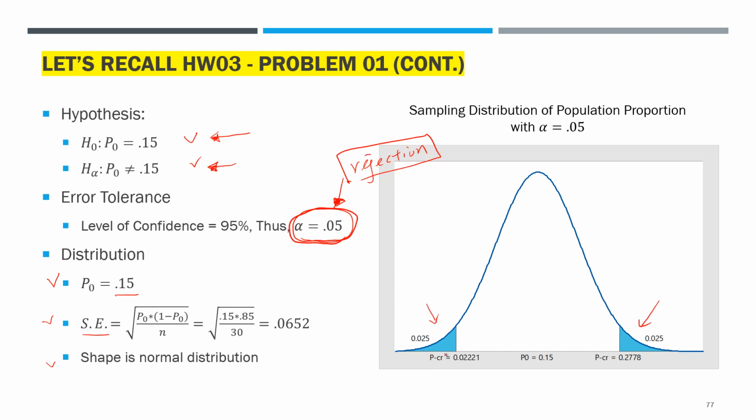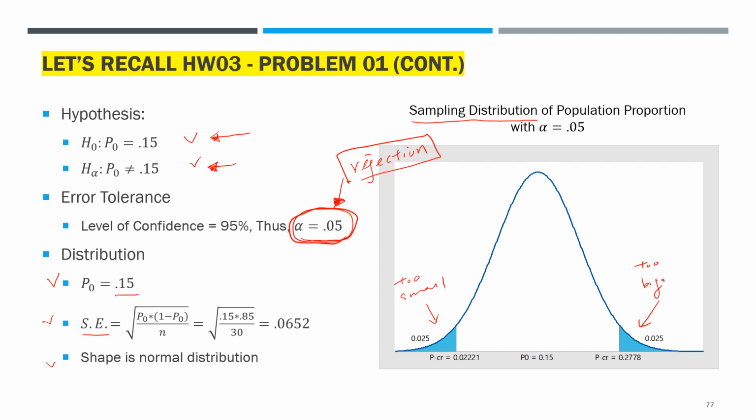Remember, this is the sampling distribution of population proportion. Therefore, this is regarding the sample results. So when you pick a sample that is too small or too big, both will lead to the rejection of the null hypothesis.